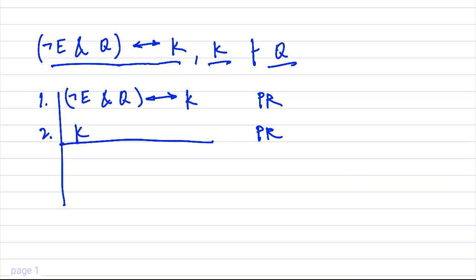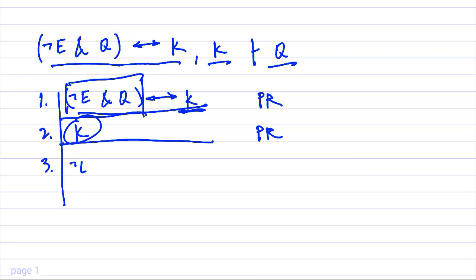Since I have a biconditional on one line, and I have K here, K is on one side of the double arrow, so that means I can use the biconditional elimination rule, and on a new line put this. So double arrow elim, lines 1 and 2. My conclusion is Q, so I just also need to do and elimination on line 3, and I'm done.